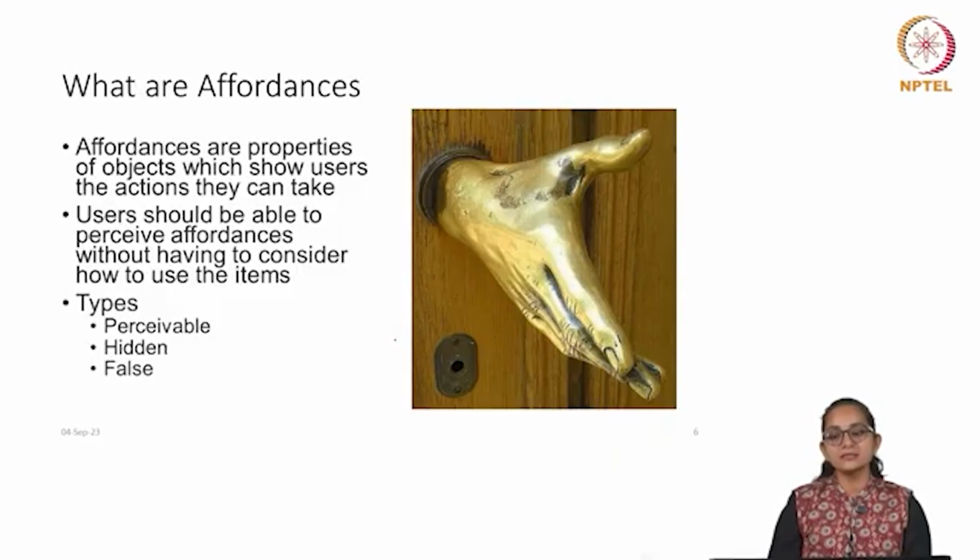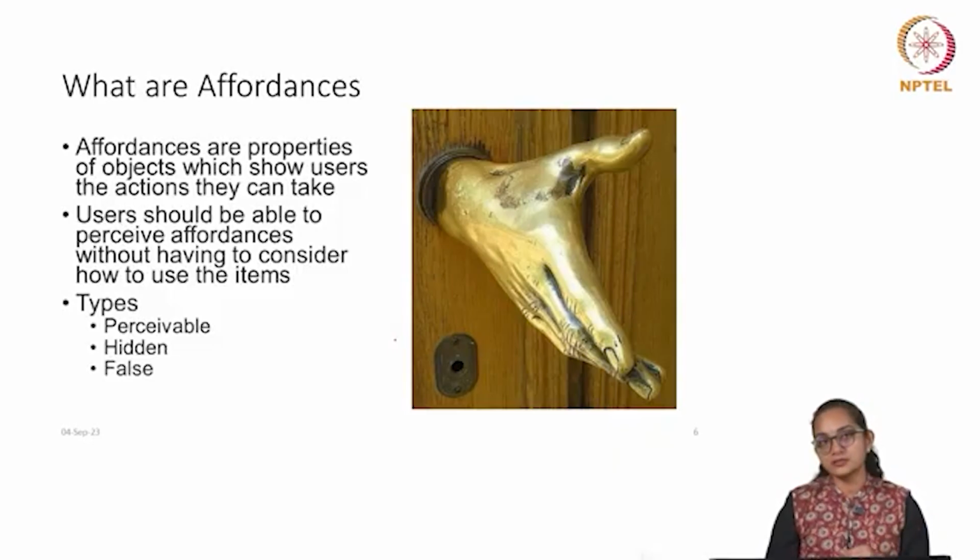Hidden affordances are where there is an affordance, there is a cue, but it is not perceivable directly, not perceivable without any effort, not perceivable just by itself. So, it may be hidden. We will take some examples of hidden as well.